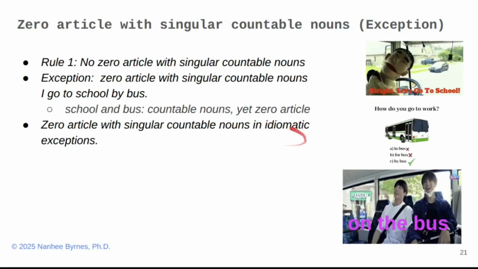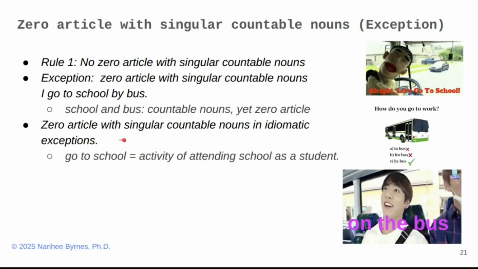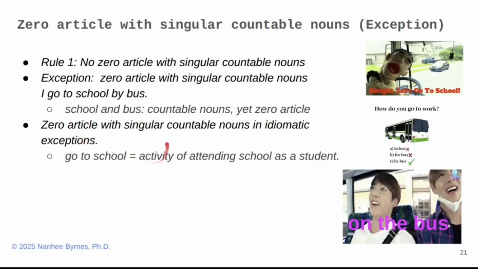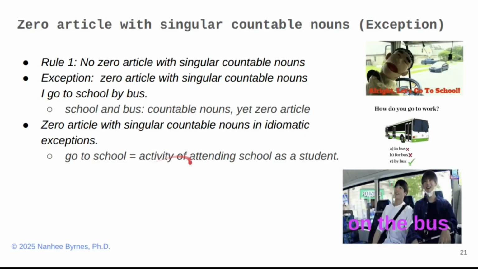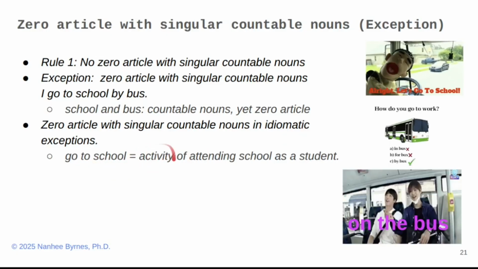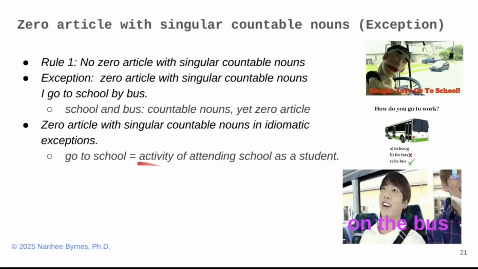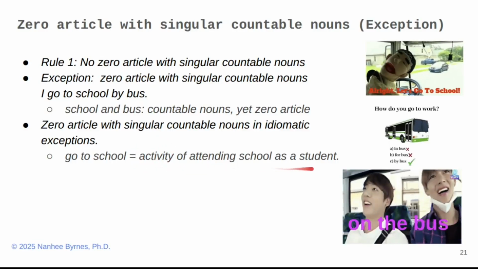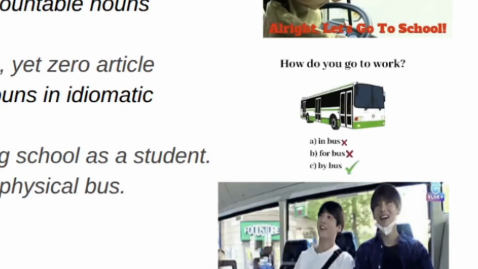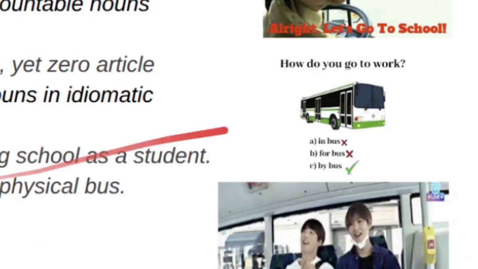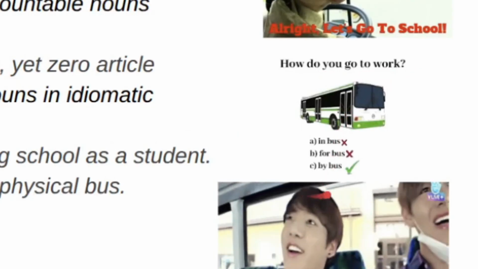Let's break it down. In I go to school, the sentence is not talking about a particular school building. It's about the activity of attending school as a student. Similarly, by bus refers to a method of travel, not a physical bus. In these idiomatic situations, no article is used.